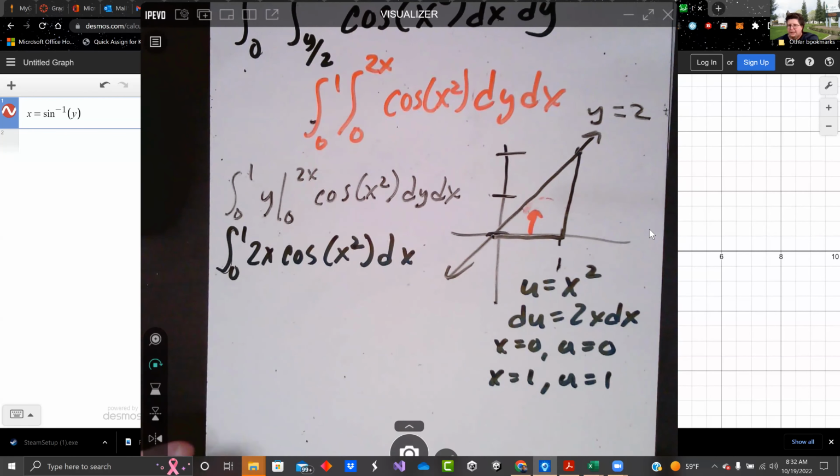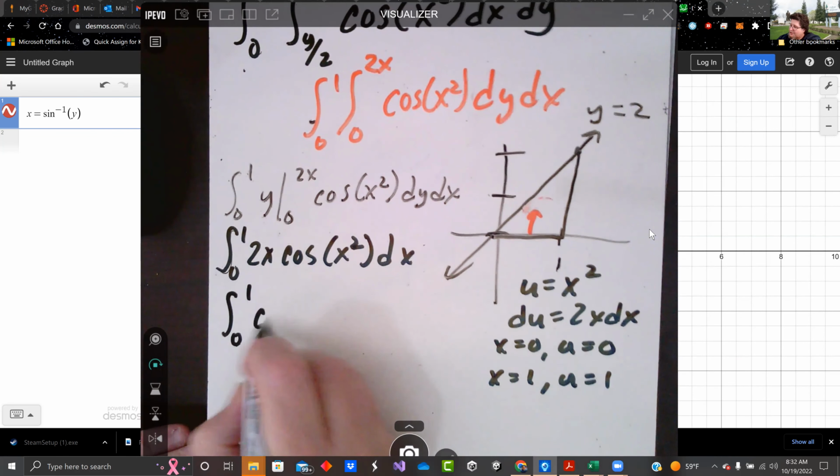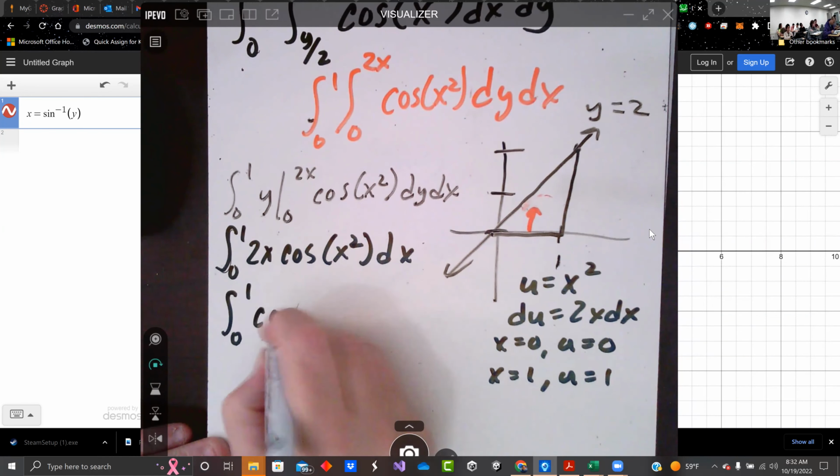So conveniently, I don't need to change my limits of integration when switching to u. Typically it will stay 0 to 1, but now this is just cosine of u. Awesome.